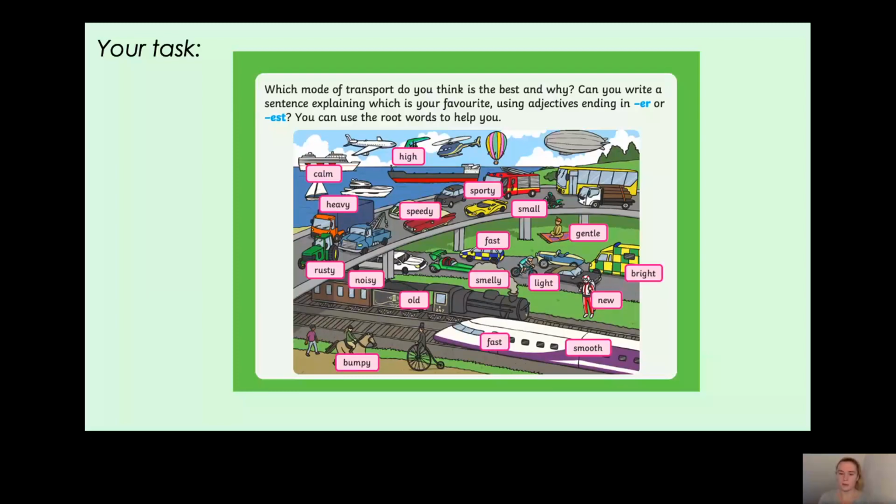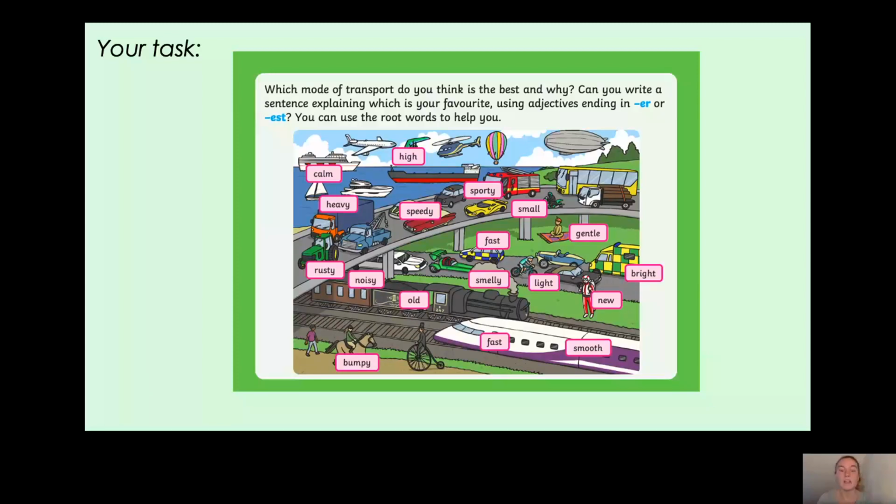Okay, so for example, you could say that the train is faster than the airplane, or the sea is calmer than the roads. Okay, there are lots of different adjectives on the page that can help you to write your sentences. Okay, could you write me 5 different sentences?